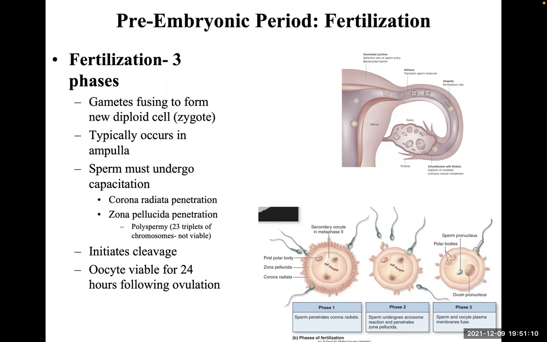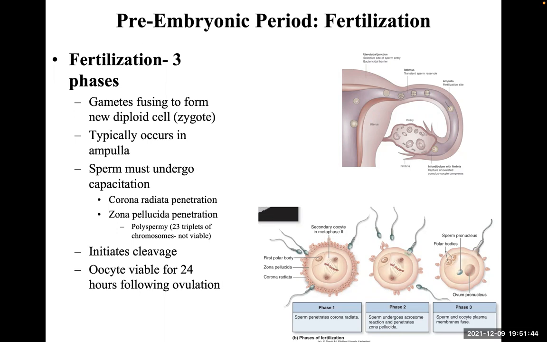Another important thing that I want to point out, again, we're not going to talk about in this class, is tracking your cycle days and that window of fertilization, but I do want to draw your attention to the fact that once sperm are deposited in the vagina, you can have sperm that live up to 5 days in the female reproductive tract.